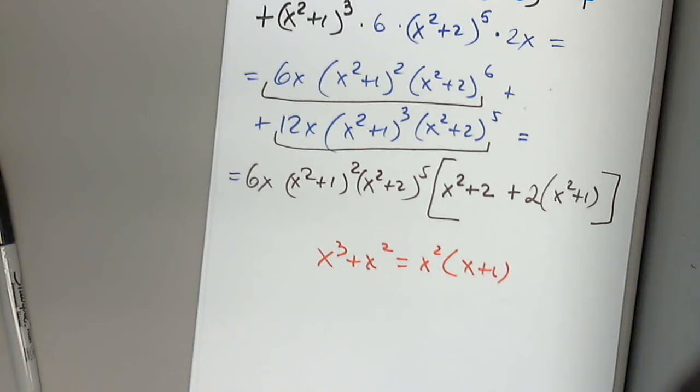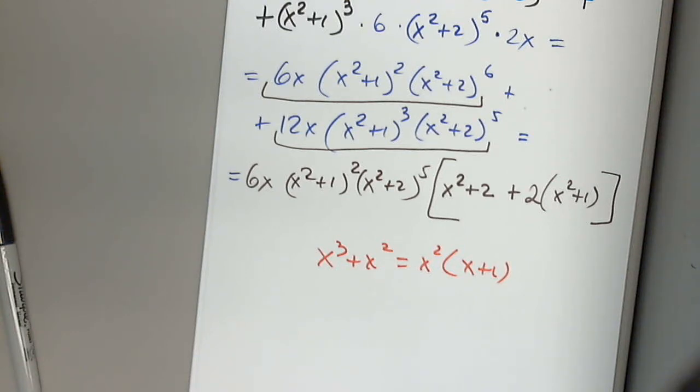I just don't understand why they are in brackets. These? The x squared plus 2 to the fifth and x squared plus 1 to the second. Okay. So here's the reverse operation. 6x times this, times this, times this. It will give us 6x, (x squared plus 1) squared times (x squared plus 2) to the 6th power.